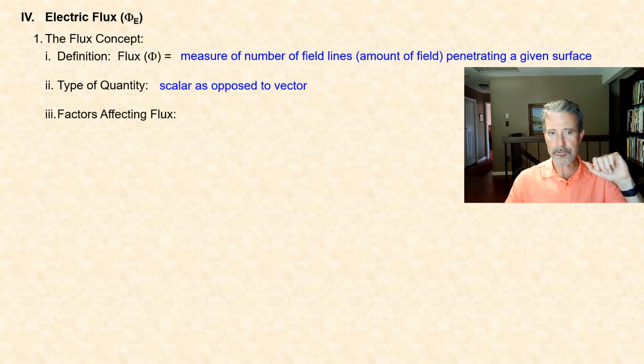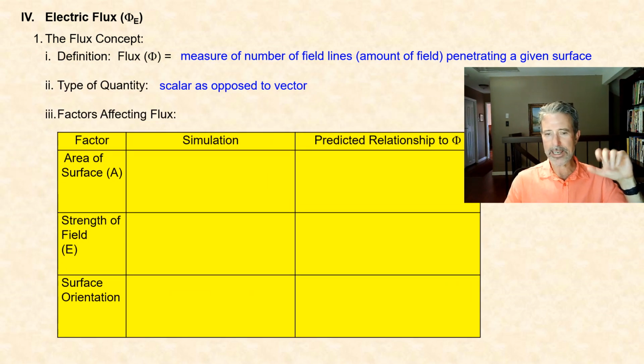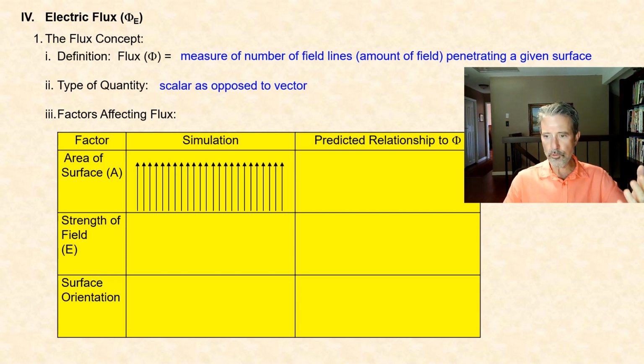What sort of factors affect the flux of a field? Well, it turns out there's three, and we'll try to take a look at each of those factors with a simulation here. Starting with the area of a surface. We always talk about the flux of a field through a surface. Let's take a look at a uniform field. It could be an electric field or any field for that matter. Let's take a look at a surface that has an area given by this red rectangle versus the flux through this green surface, which is represented by a much greater area.